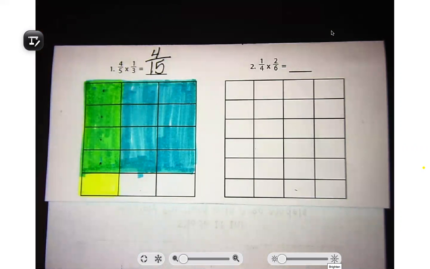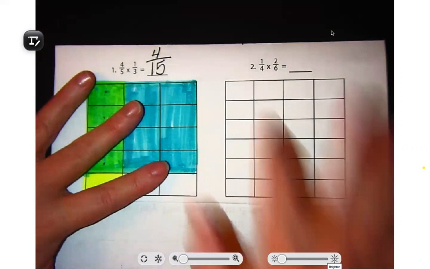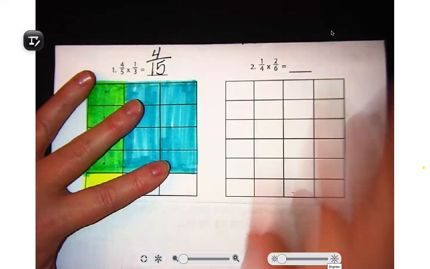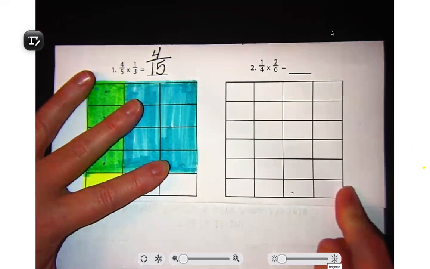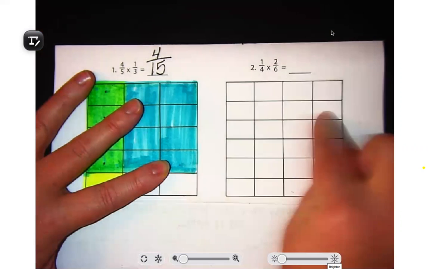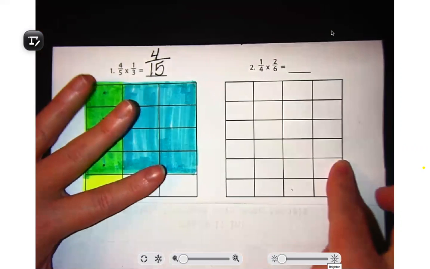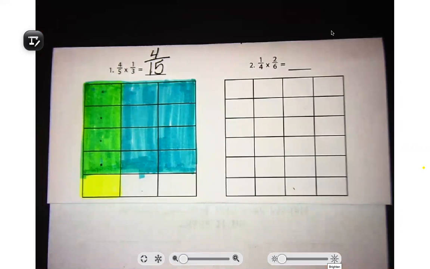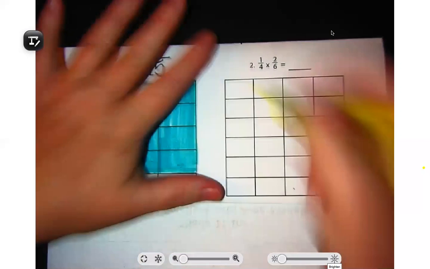We have 1/4 times 2/6. Well, if you look here, this is divided into fourths vertically, and it's divided into sixths horizontally. So what we're going to do to find this problem is we're going to color in the 1/4 yellow.